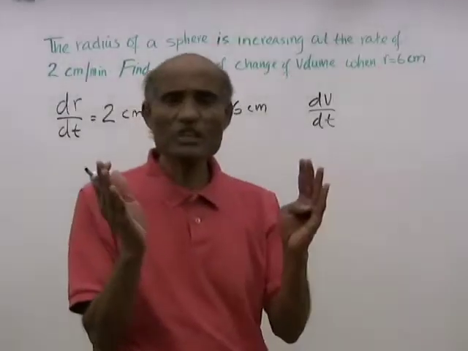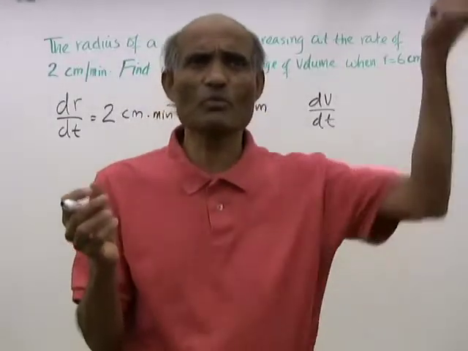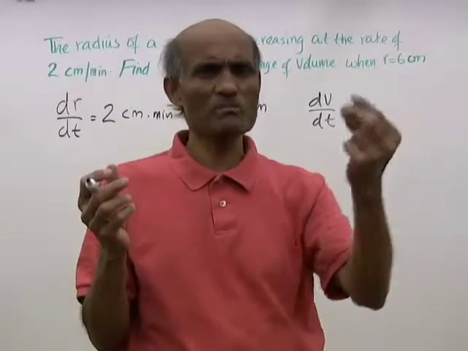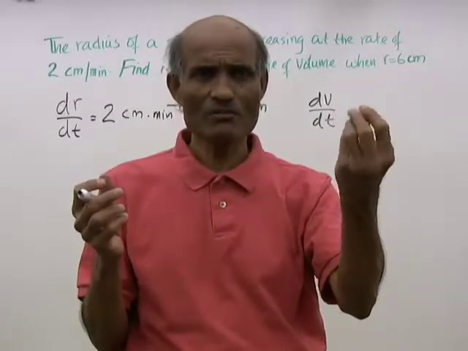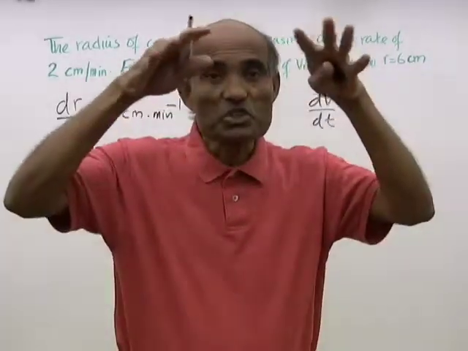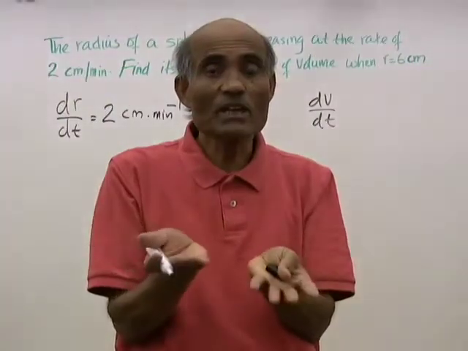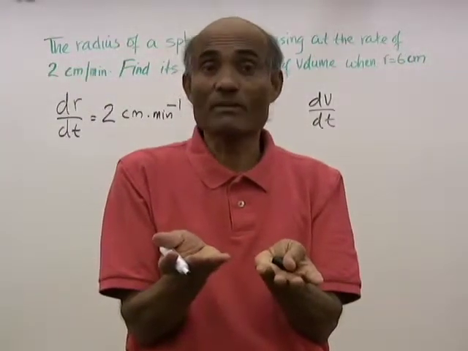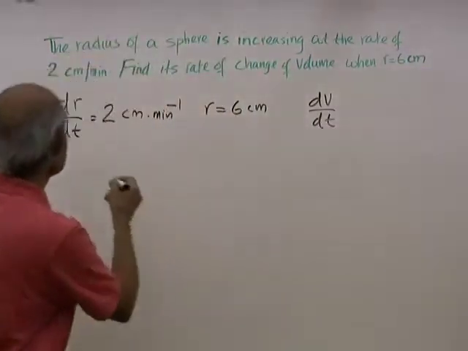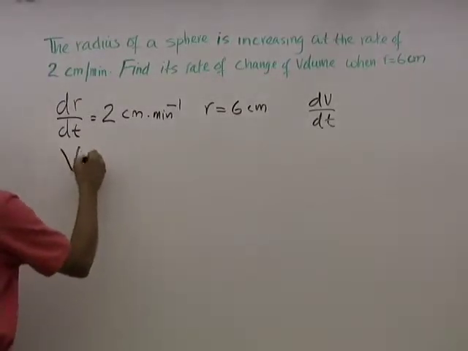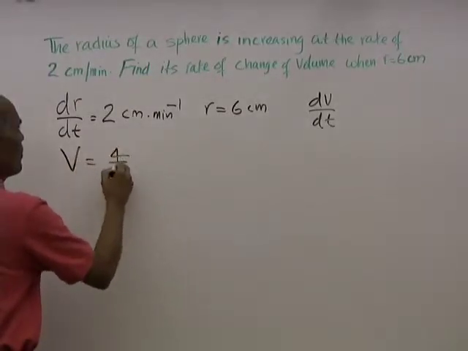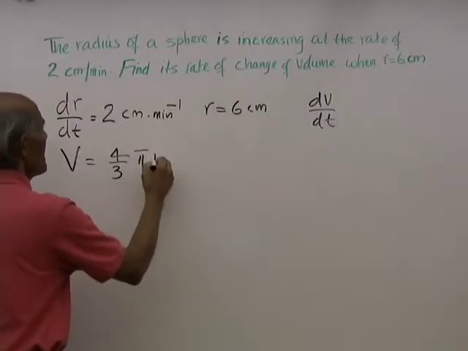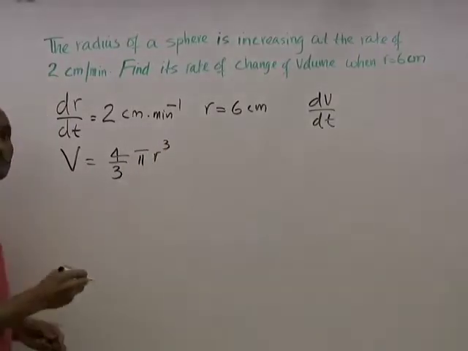These are some of the things a calculus student must quickly have. Must be at the tip of your finger, is that right? Volume of a sphere, the surface area of a sphere, those are the things we use very often. So, volume of a sphere V equal to 4/3 pi r cubed.